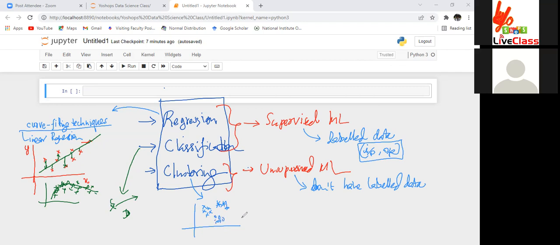Something like this. You will try to find the groups to which your data point belongs, meaning you will try to cluster them, hence clustering.